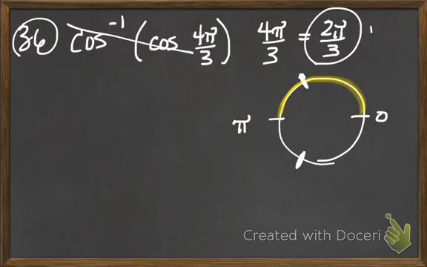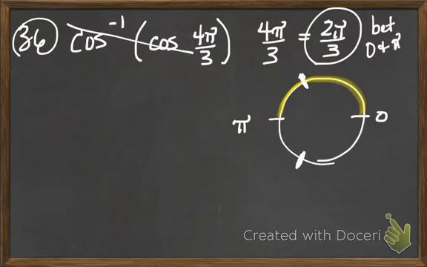So you might want to write yourself a note. We have to be between, maybe just put 0 and pi. So you can cancel all of these out, but you just have to make sure that your answer is in the restricted area.